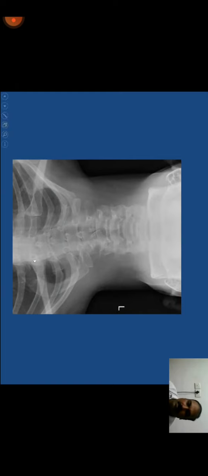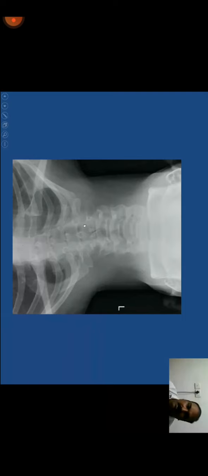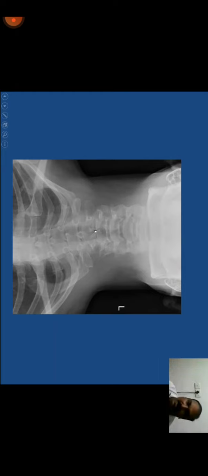You can appreciate scoliosis, isn't it? Scoliosis there. Any other finding? Bifida. Bifid spine. Right. Spina bifida. Can you see that? Actually, this is seen in the lumbar region, but occasionally it can be seen in the cervical region.